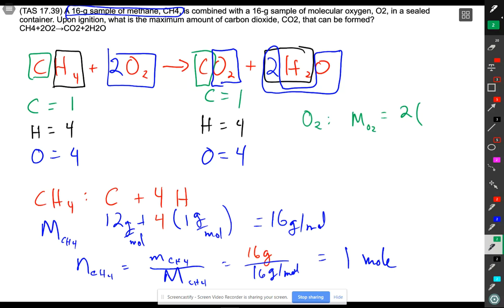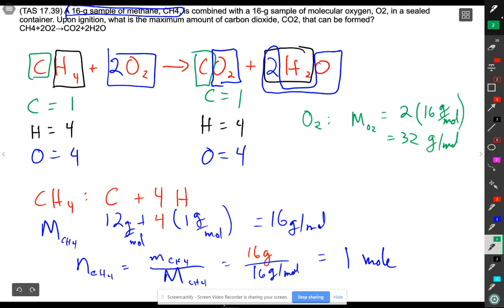If you look up there, I went through them while you were gone, I think. It's what? The bottom center number is the atomic mass? Yeah. It's 15.9994 if I remember from when I walked out there. So 16 grams per mole. So 2 times 16 is 32 grams per mole of O2.